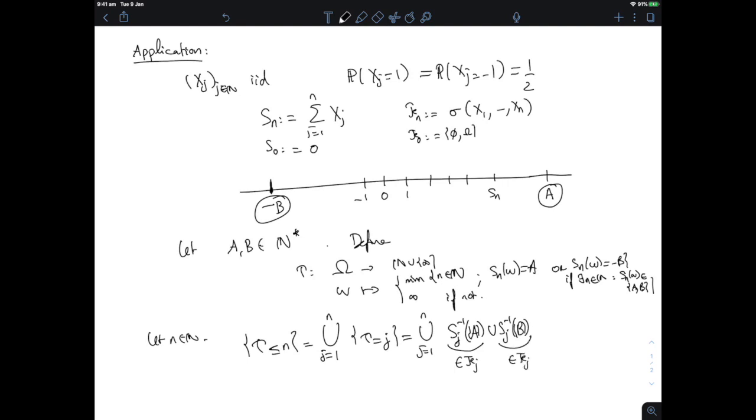That's because Sj is Fj measurable. Now I'm doing a union, and Fj is included in Fn, and I'm doing a finite union of elements of Fn, therefore it belongs to Fn. So tau is a stopping time with respect to the filtration Fn.